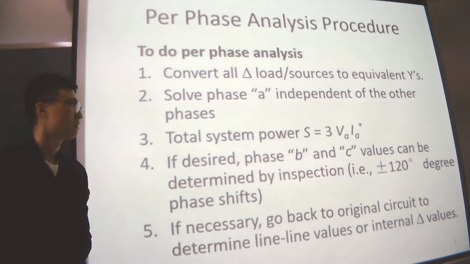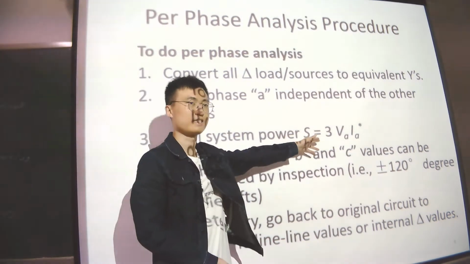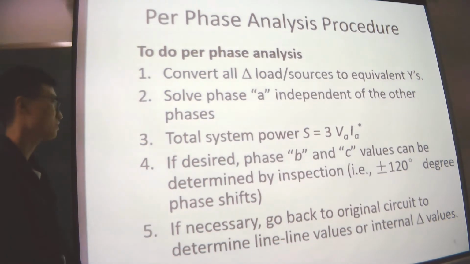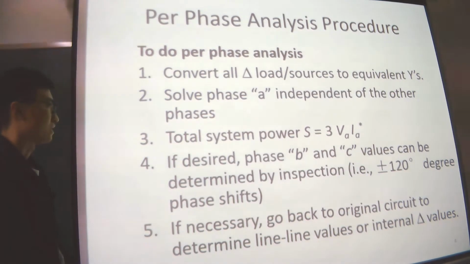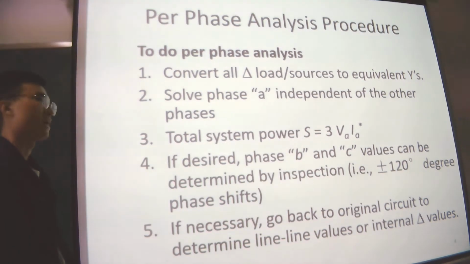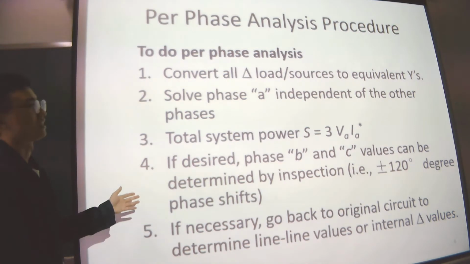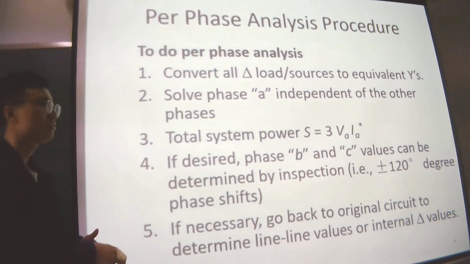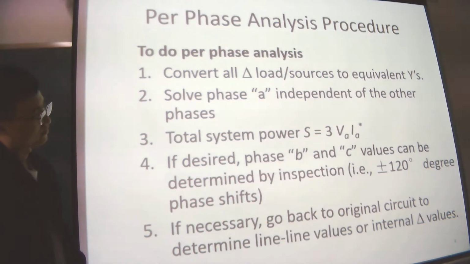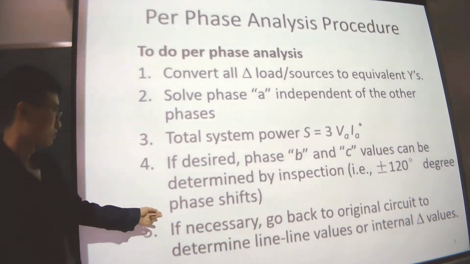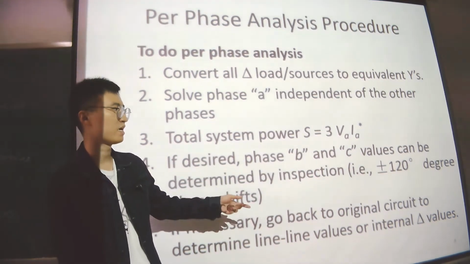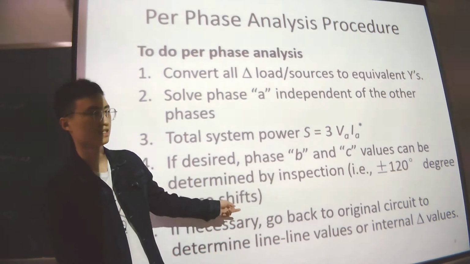The total power in the balanced system is 3 times the complex power of each phase. B and C can be used for inspection because they should have the same amplitude and a nice phase shift. A, B, C should be shifted by 120 degrees.